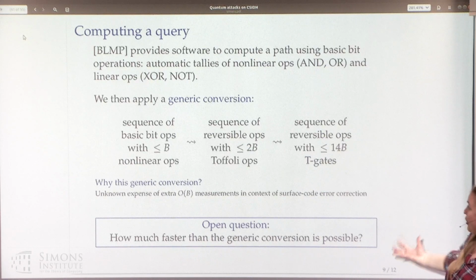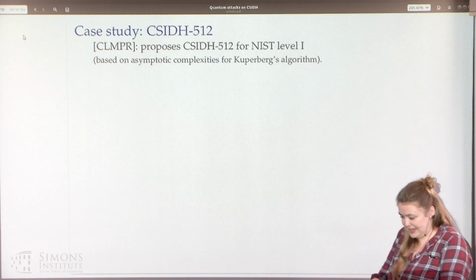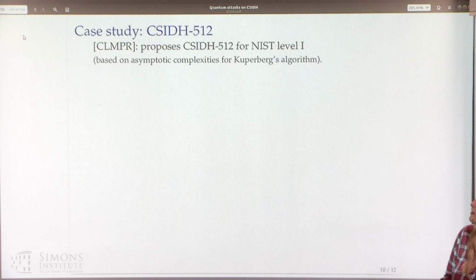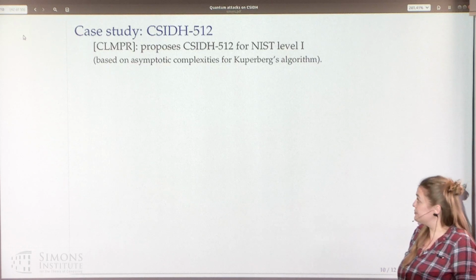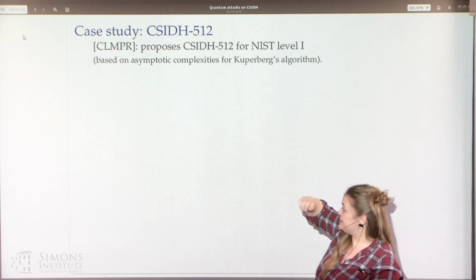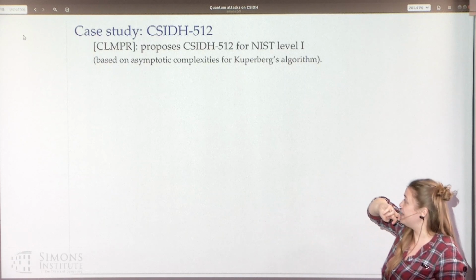And so how well do we manage to do with this idea of just generic conversion? So let's look at a case study. Like I say, we have software, so you can plug in numbers, whatever you like, to see what you would get with different parameters. So this CLMPR, that's myself, Wouter Castryck, Tanja Lange, Lorenz Panny, and Joost Renes.